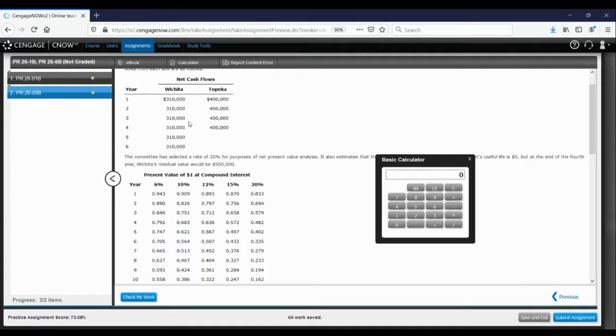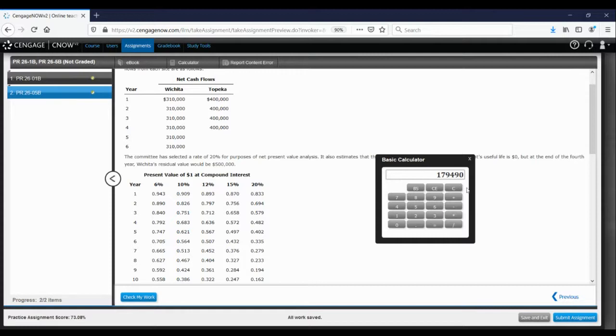For year 3, we're going to pick up 310,000. We're going to multiply that by the third year's table value amount, 0.579. And that will give you 179,490. That's the third year's present value amount.